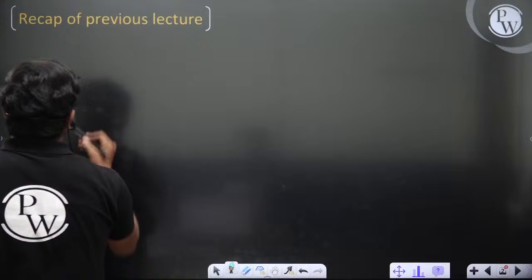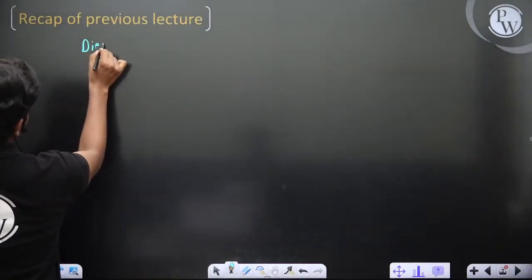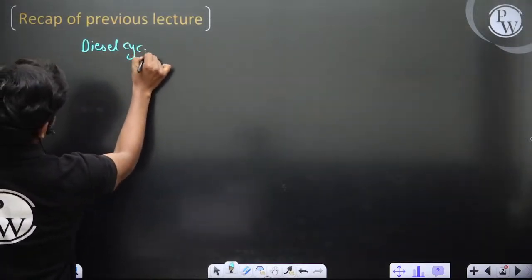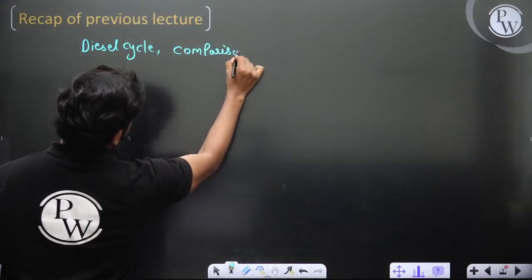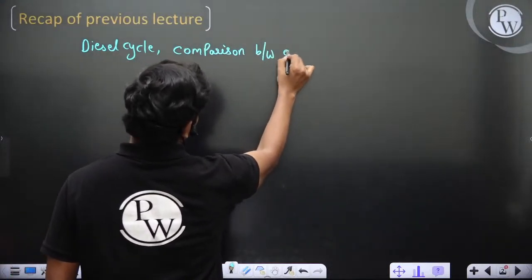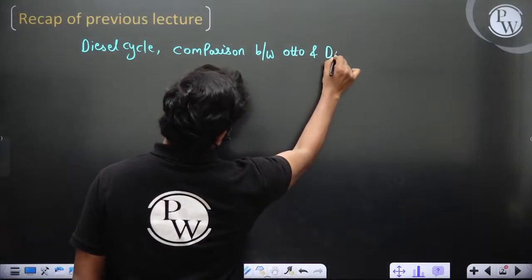So in last class we have majorly seen the diesel cycle, then we have seen a comparison between Otto and diesel cycles.